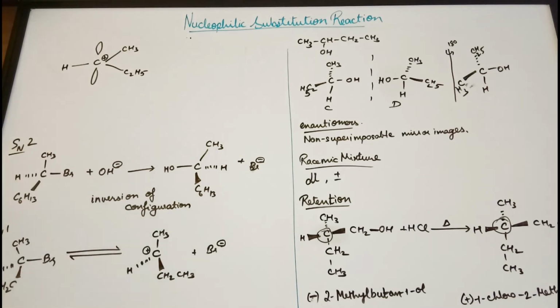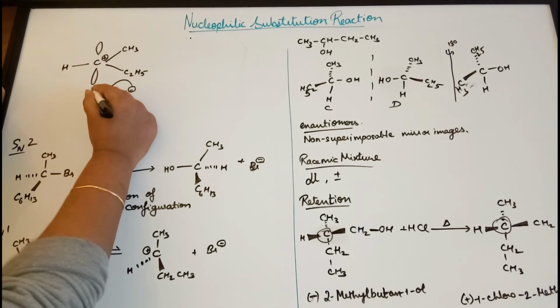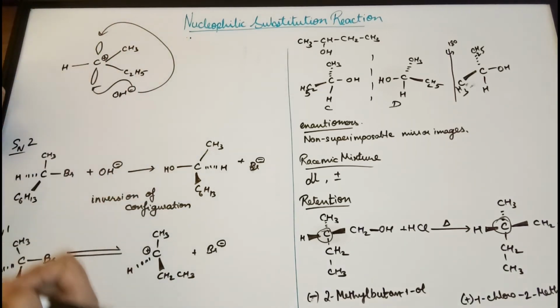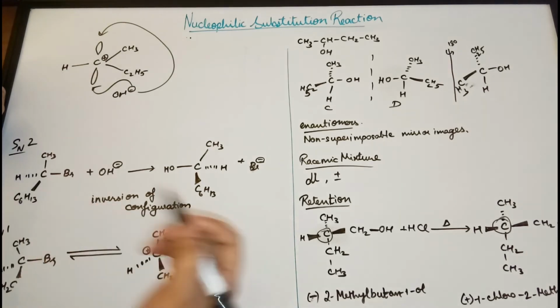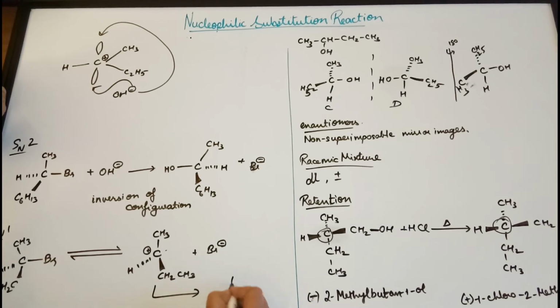Now the OH minus can approach from this side, or it can approach from there. So there are 2 possibilities of formation of the product. In the first case, when it attacks from this side, the product formed is going to be CH3, H, and a CH2CH3, and an OH.